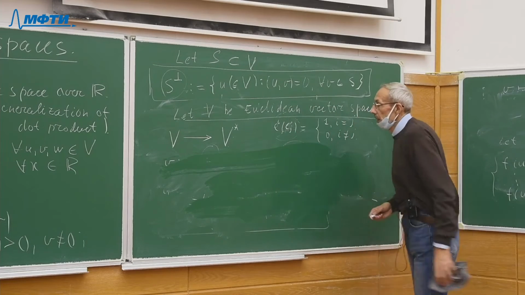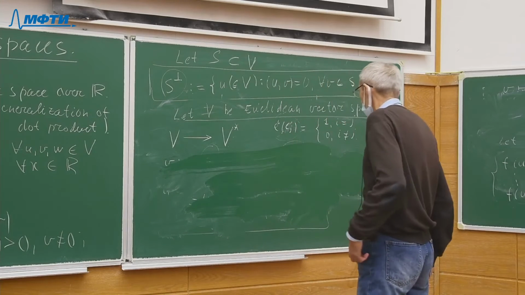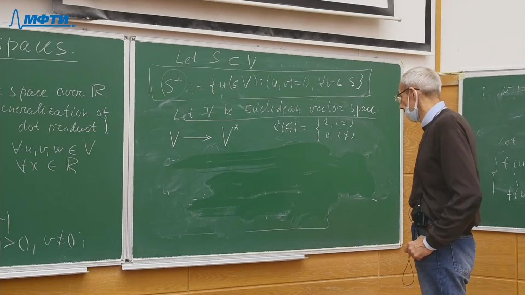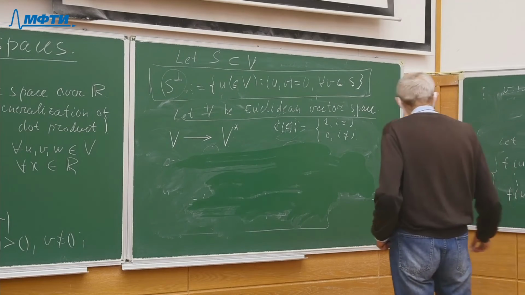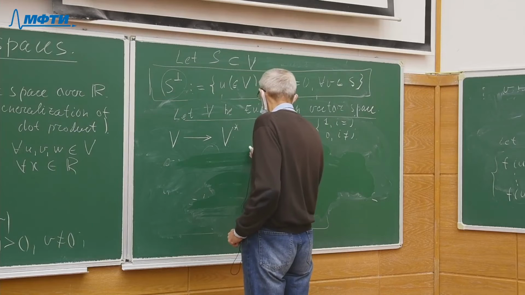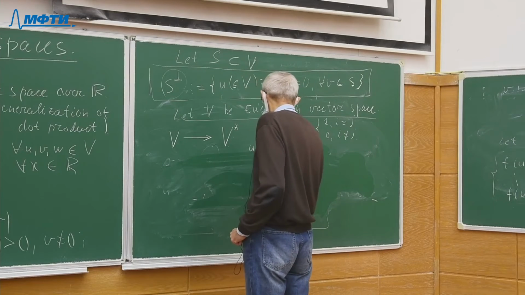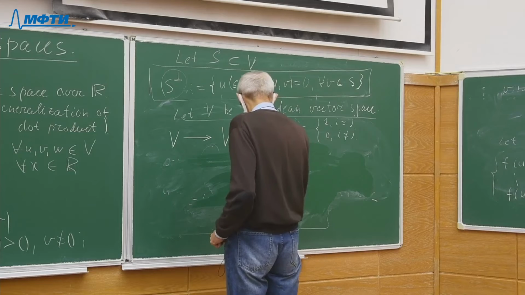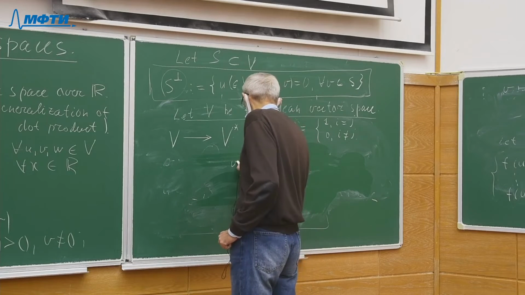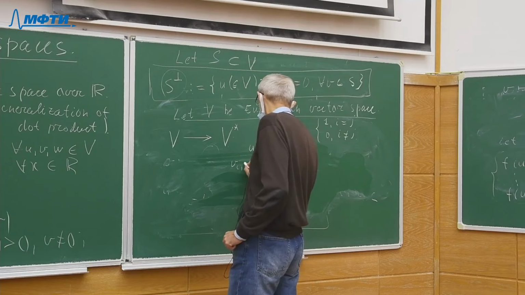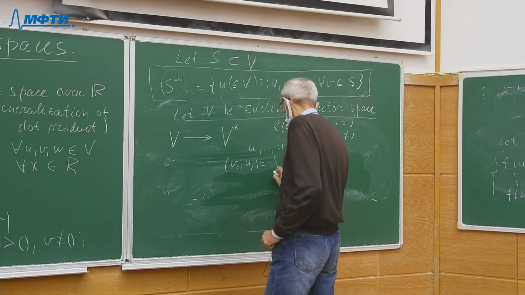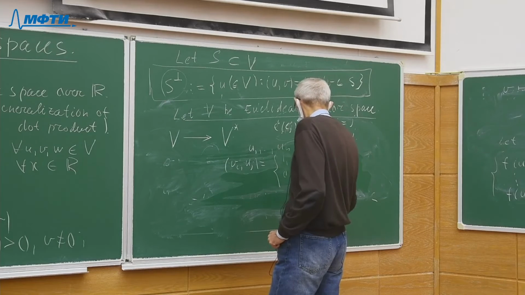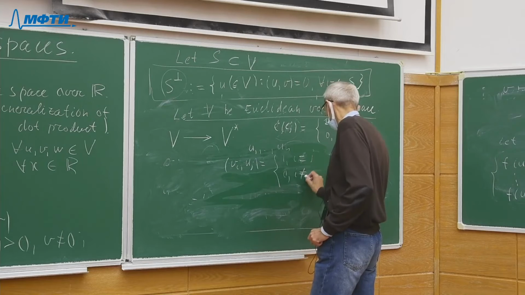But what does the dual basis mean in our space? We must obtain some vectors v such that if we have some basis u_1, ..., u_n, we can consider the dual basis v_i such that (v_i, u_j) is equal to 1 if i is equal to j and 0 if i is not equal to j.